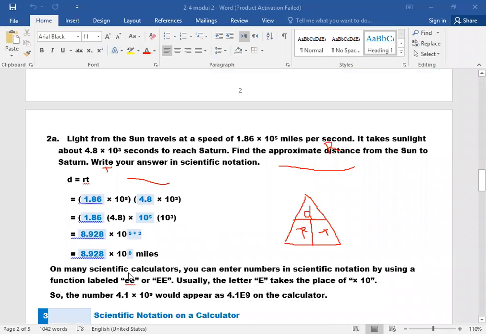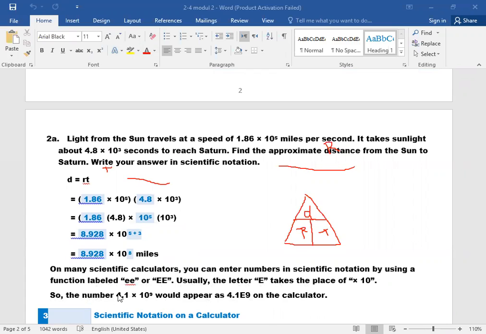On many scientific calculators, you can enter numbers in scientific notation by using a function labeled EE. Usually, the letter E takes the place of multiply by 10. So let me show you how.